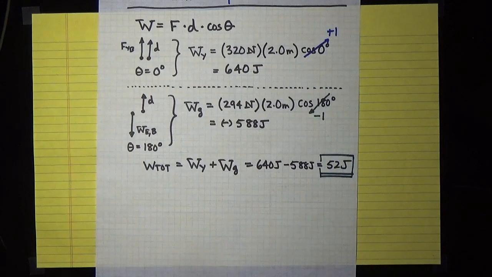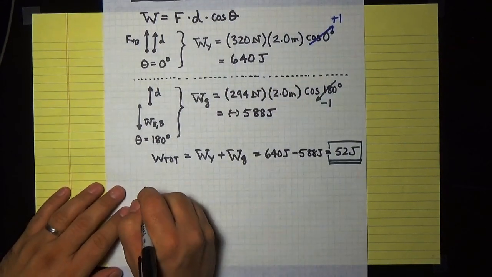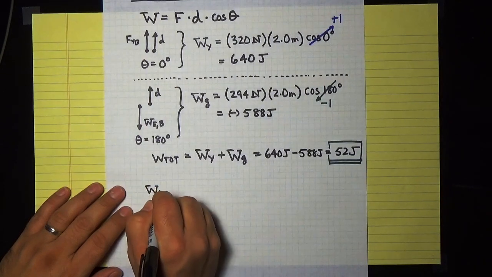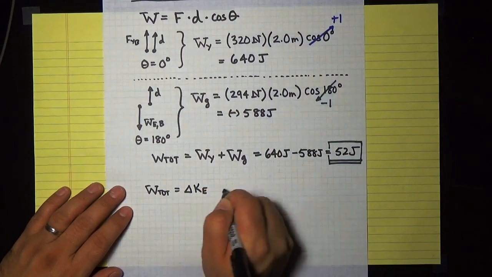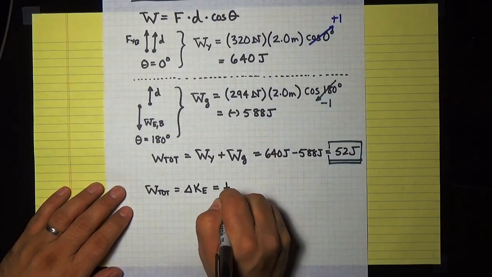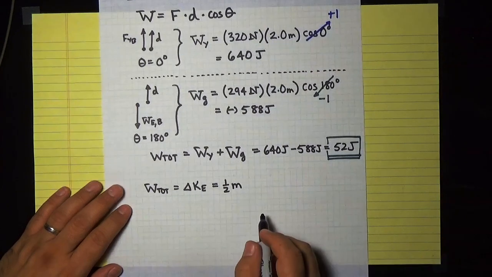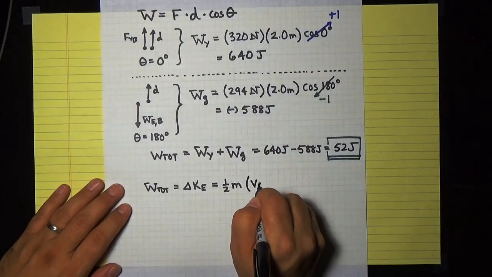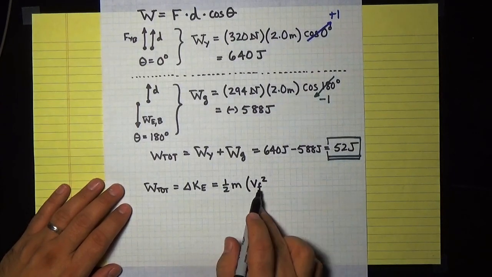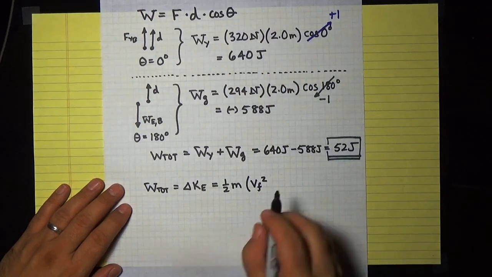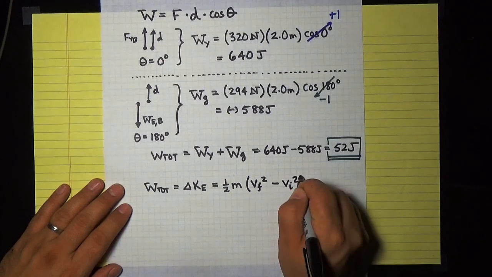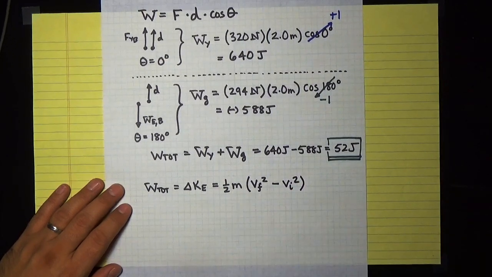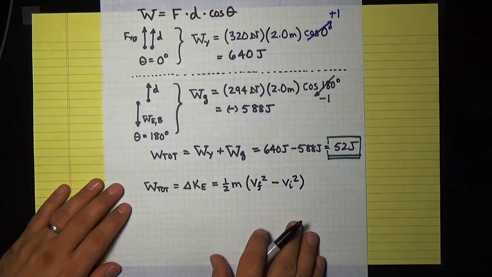Okay, so I can use that now to figure out the speed, because I know that total work done is equal to change in kinetic energy, and the change in the kinetic energy is a half m, that's not changing in the problem, the final speed squared, so that is the final kinetic energy, minus vi squared, where a half m vi squared is the initial kinetic energy.